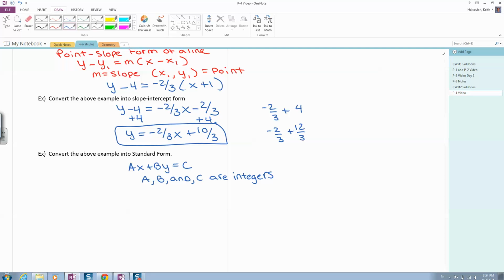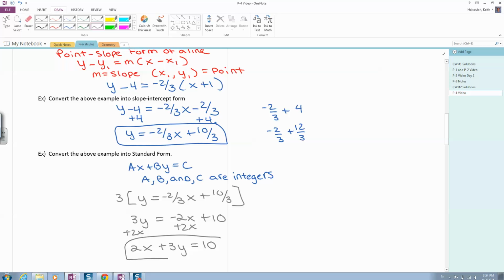You're going to have to multiply by 3 here to get rid of the fraction. So 3 times y is 3y. 3 times this is negative 2x. And then plus 10. And then you just move the x over. So you get 2x plus 3y equals 10. That's standard form.